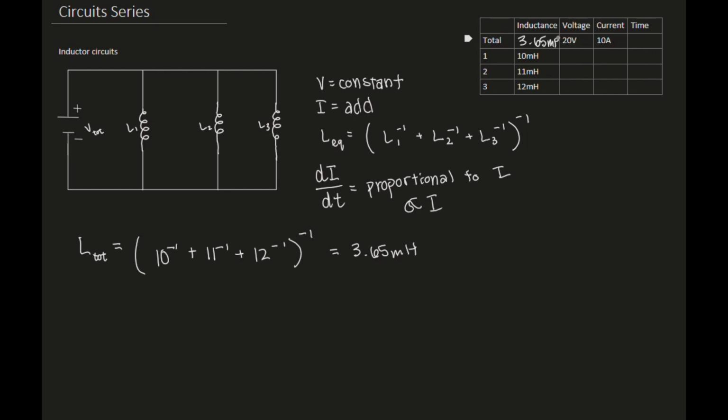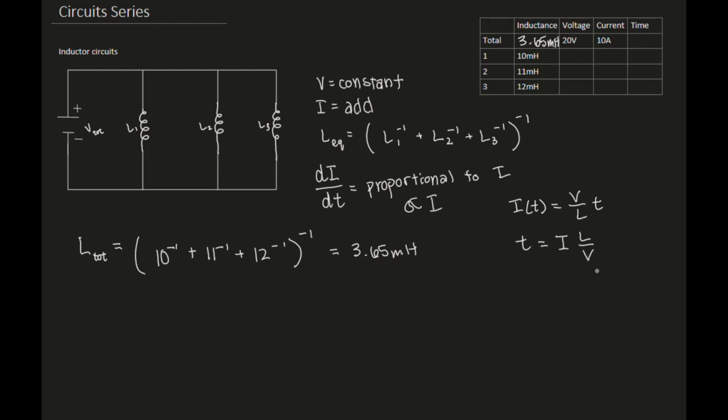Using the same equation that we did before, after integrating to figure out current and time, we found that I as a function of time is equal to the voltage divided by the inductance times the time. In that case, we can resolve for time. Time is then equal to the current multiplied by the inductance over the voltage.